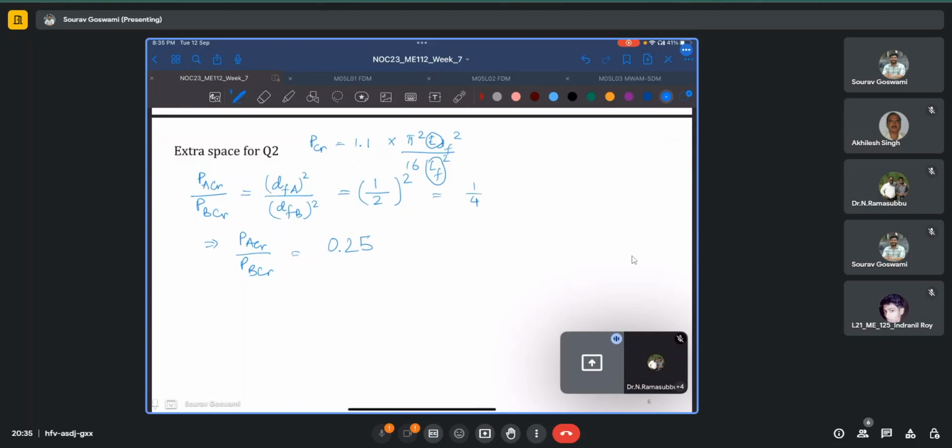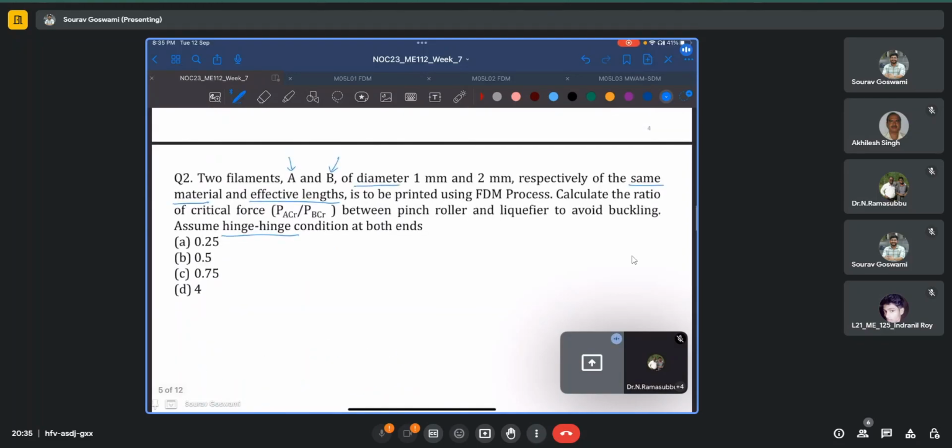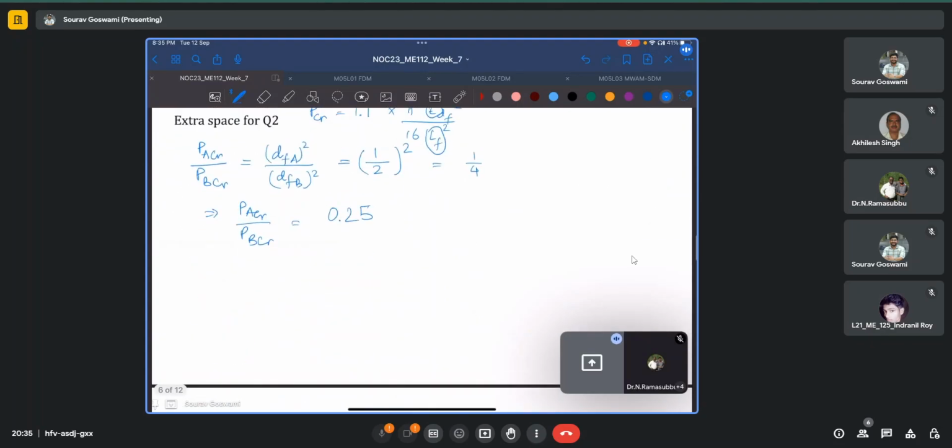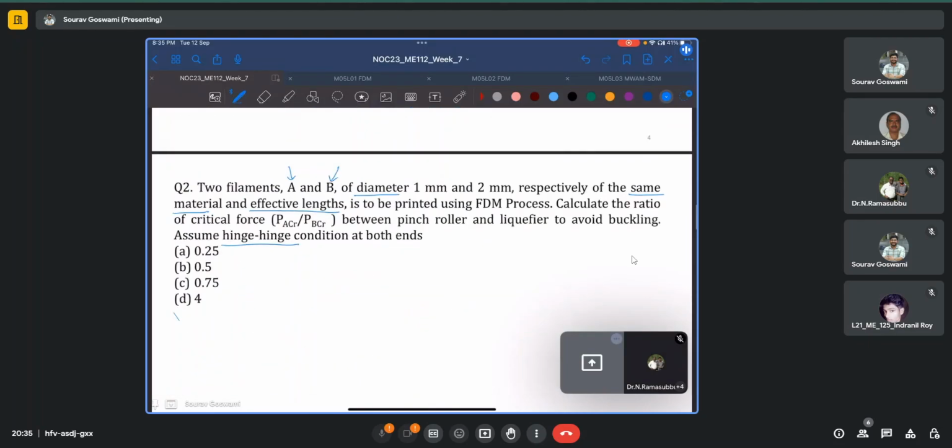So we see that since B has a larger diameter, which is twice that of A, the critical buckling load for A will only be 1/4 times the critical buckling load for B. So just by increasing the diameter to twice the original, our second filament can actually sustain 4 times the buckling load. Thus, 0.25 is the right answer.